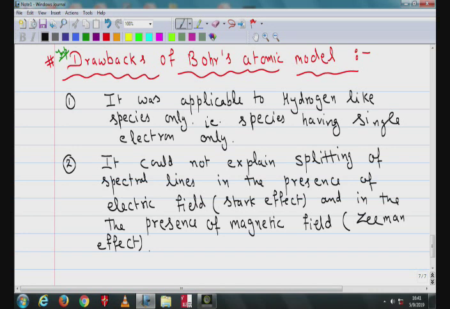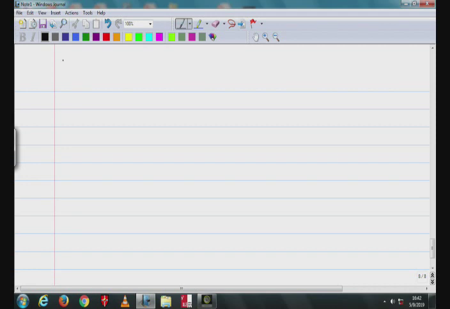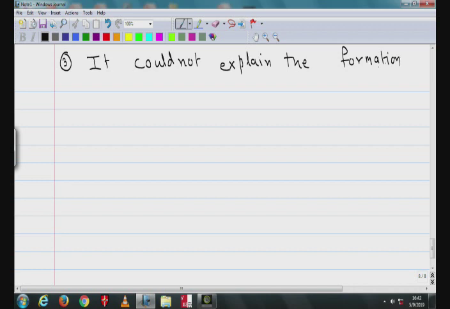Okay. That's cool. So guys, let's move on to the next drawback. The next drawback was it could not explain the formation of a chemical bond.